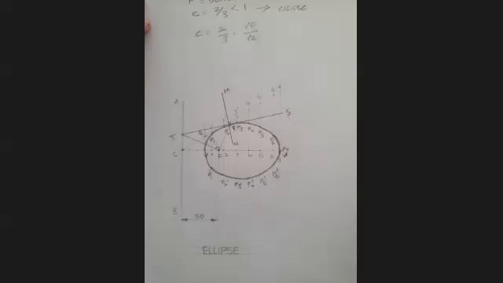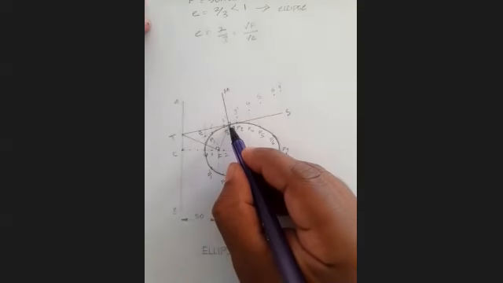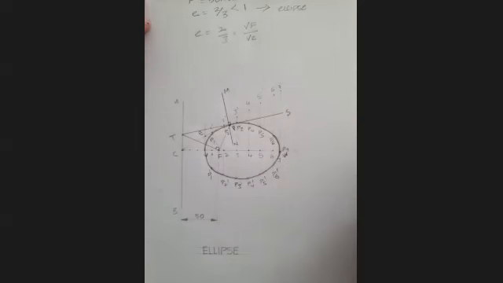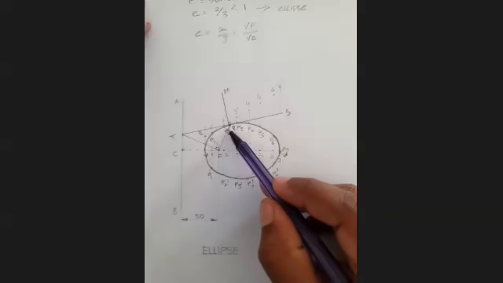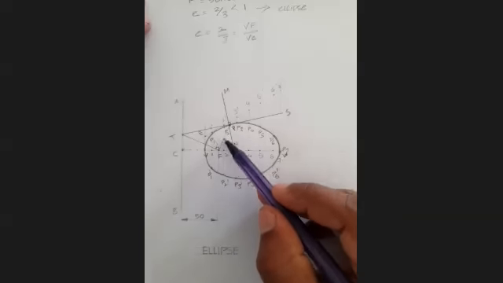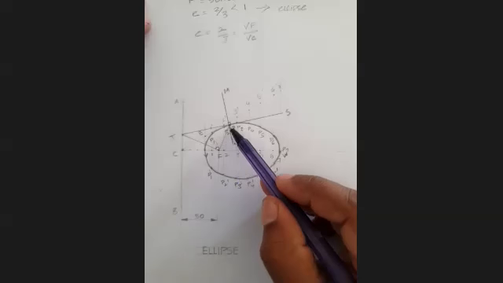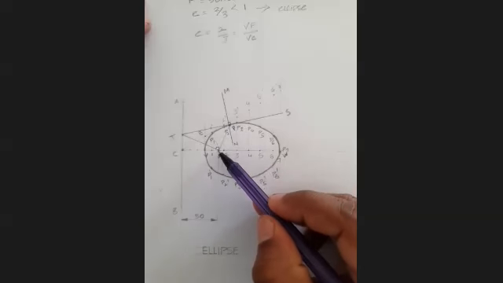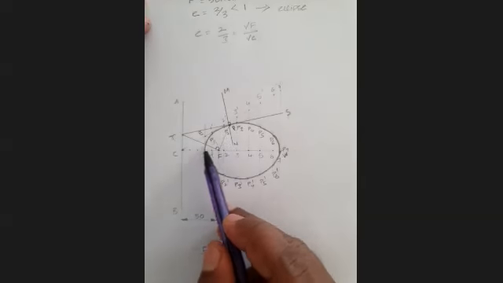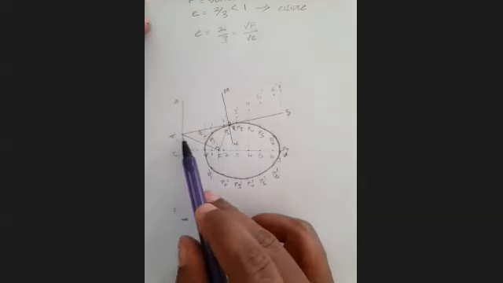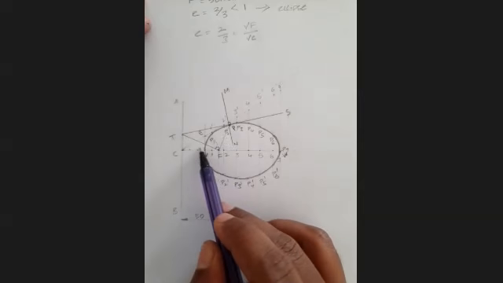Sir, once again explain tangent and normal. See, listen carefully. Tangent, you select a point P anywhere on the curve, right? So this is the point P. Join that P to F. You will get an inclined line. You get a PF line. To this PF line, you draw a perpendicular line from F. To this inclination, you draw a perpendicular line or 90 degrees line from F, like this.